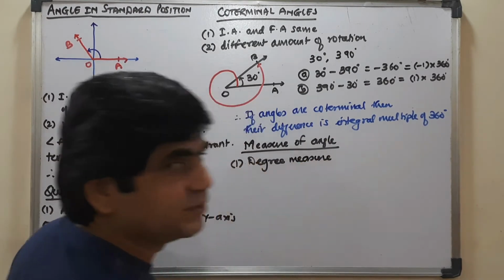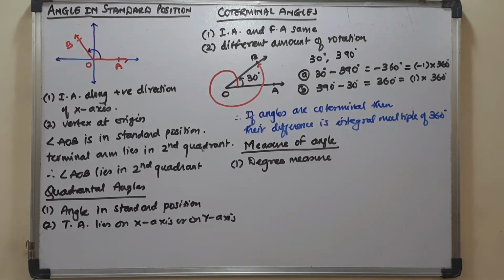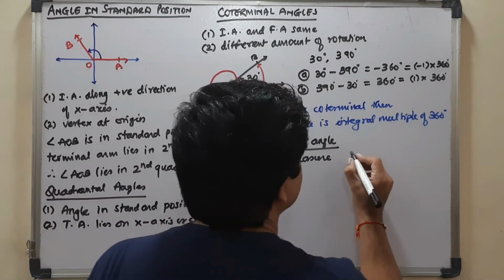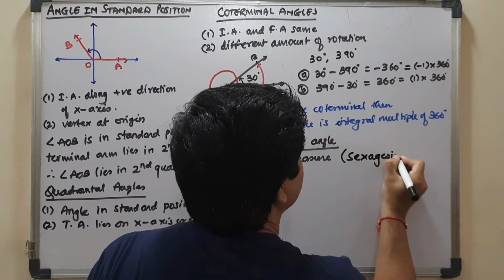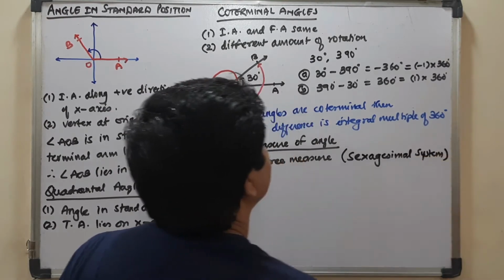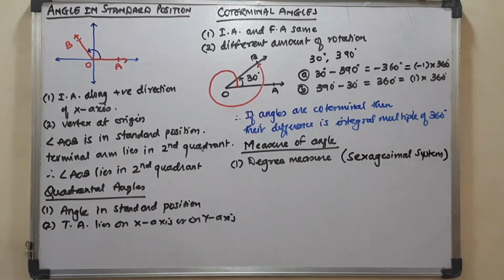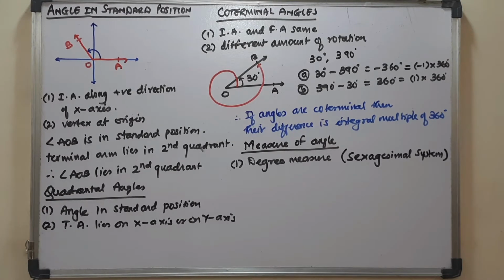That is protractor using, and using that we used to measure the degree. The other name, which is actually the correct name, is sexagesimal system. But fine, for us degree measure is okay, understanding is very good.